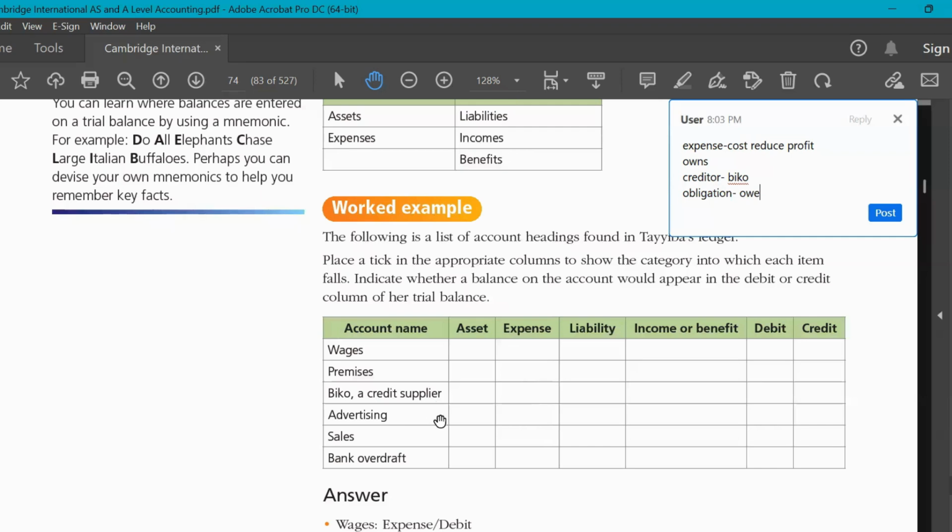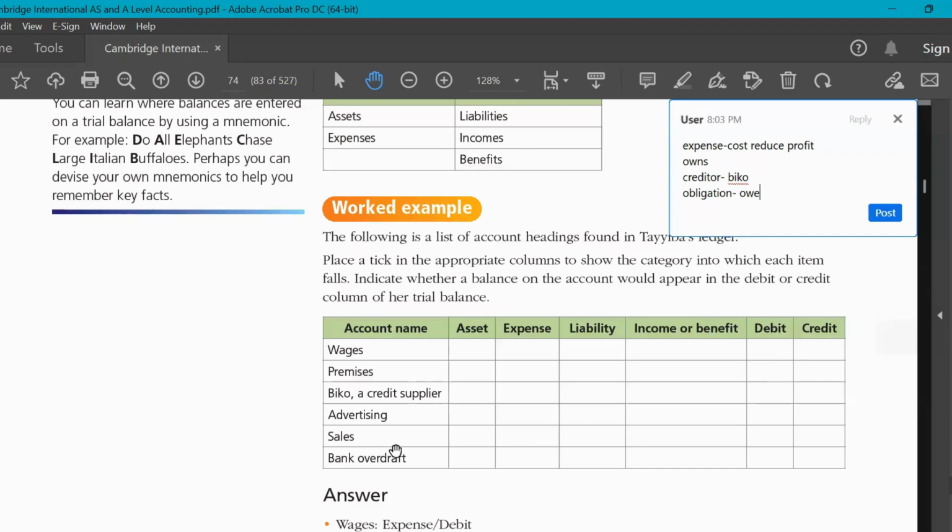You need the advertising so that you can do some marketing, so it reduces your profit. Just like the wages, it's always a debit because it represents the money that's spent to operate the business. So advertising is an expense, on the debit side.